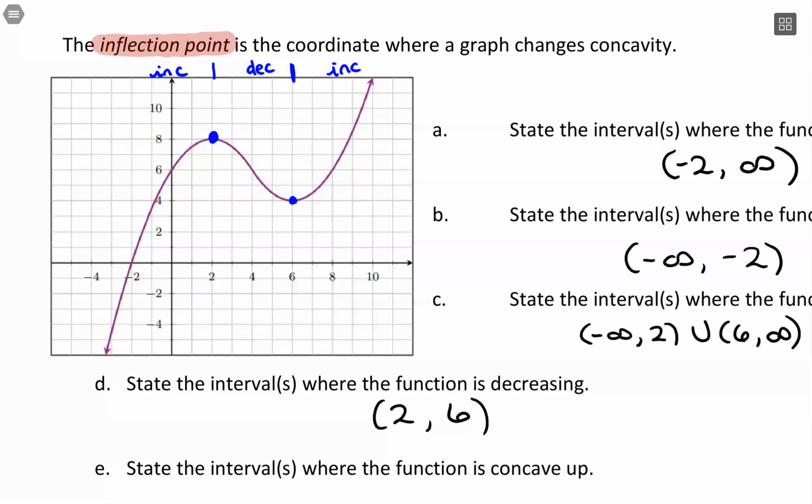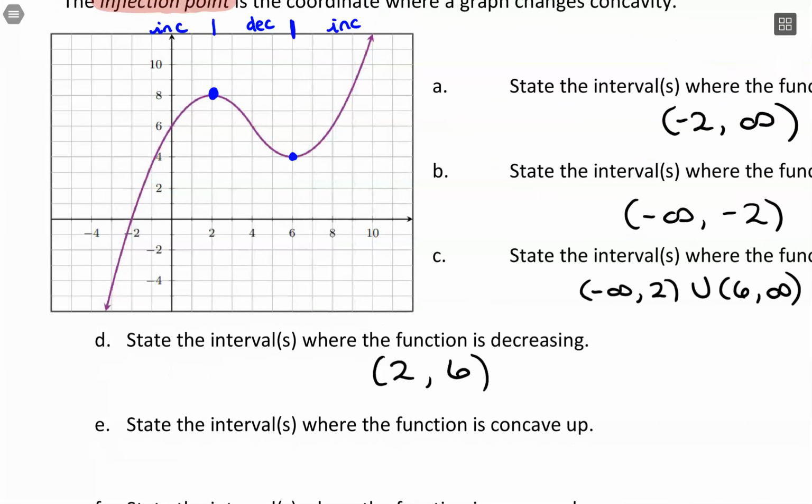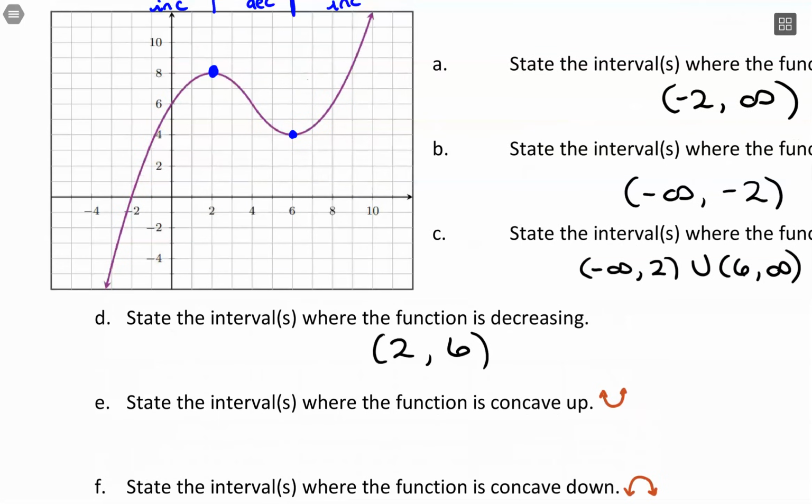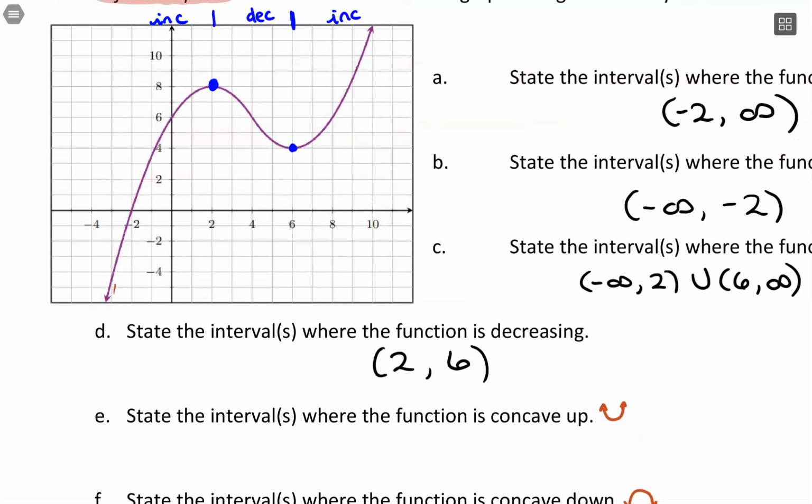All right, where are we concave up versus concave down? So for concave up, I'm looking to fit this kind of upward bending shape, and for concave down, this downward bending shape. So what I could see here for this first part of my graph, I have something that's roughly concave down.